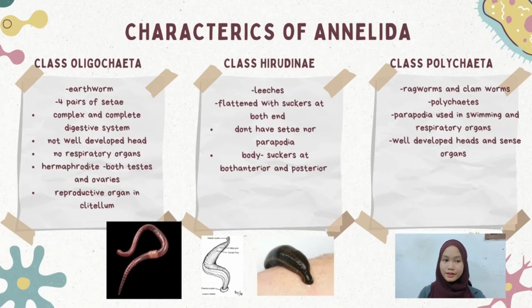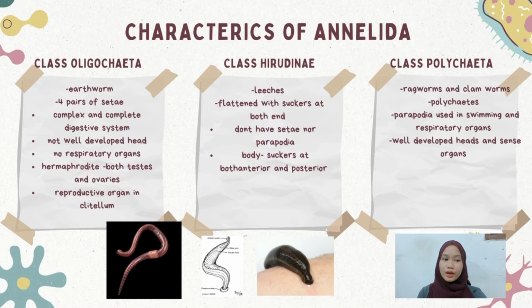Next, for the characteristics of Annelida, we divided it into 3 classes: first, class Oligochaeta, second, class Hirudinea, and third, class Polychaeta. For the class Oligochaeta, we have earthworms. Earthworms contain 4 pairs of setae, and they have a complex and complete digestive system.